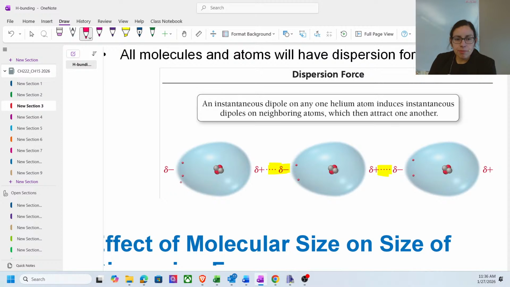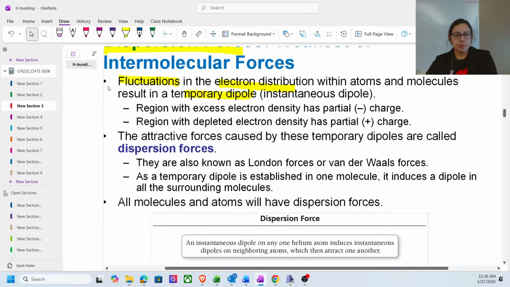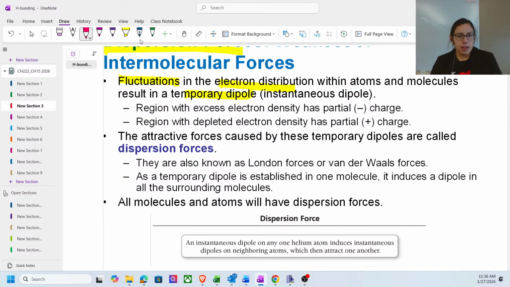And then, of course, they will keep moving around the atom. So this is only an instantaneous, temporary factor. And so we see that it is weak. So it is a temporary dipole and induces a dipole.